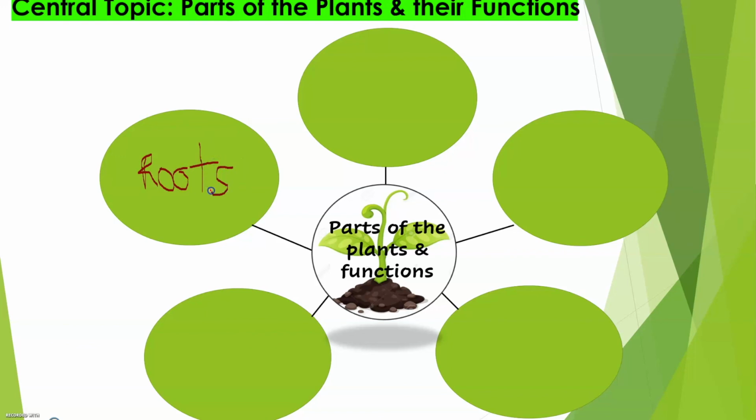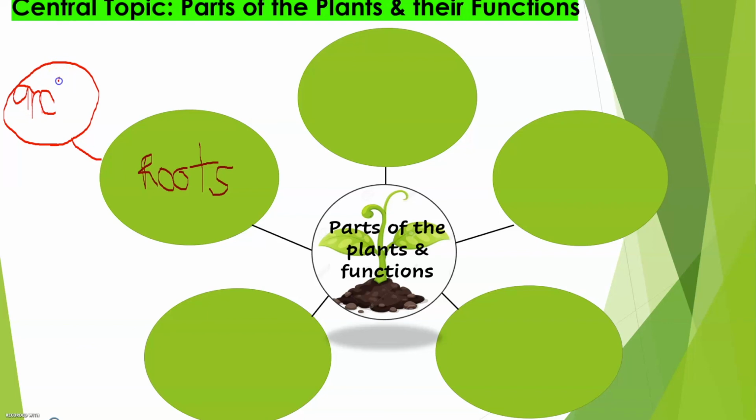Then after, you can make another line and make another circle and you can put the function of the roots. So, you can use one word. You can use the word anchor.